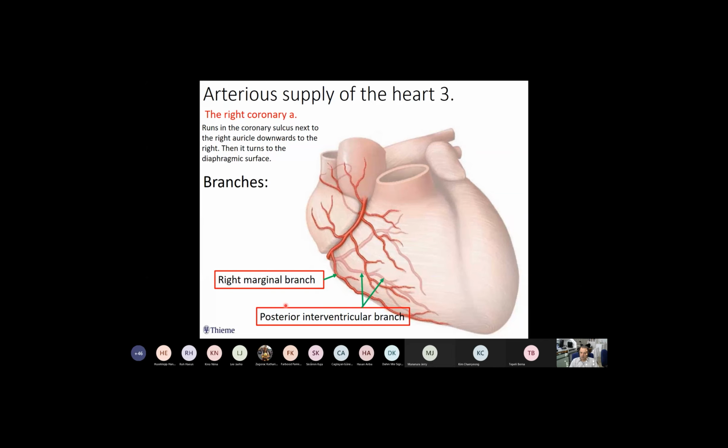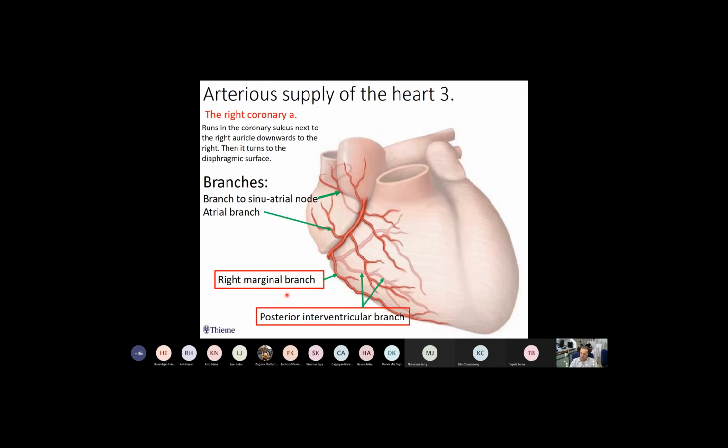These are the branches of the right coronary artery which you must know. The other smaller branches are also important. They do have clinical significance, but these two branches, even for just a barely passed exam, you have to know. That's the absolute minimum.